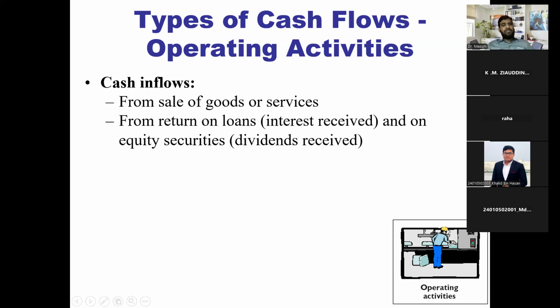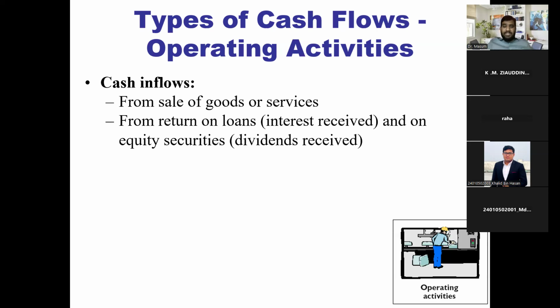So cash inflows from sale of goods or services, because sale of goods or services means you are receiving money from the operations, not by selling the machines.